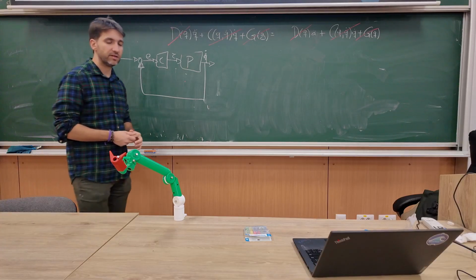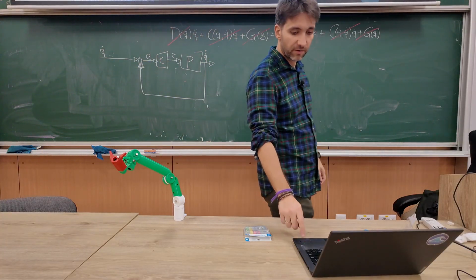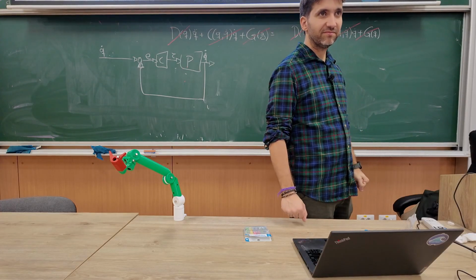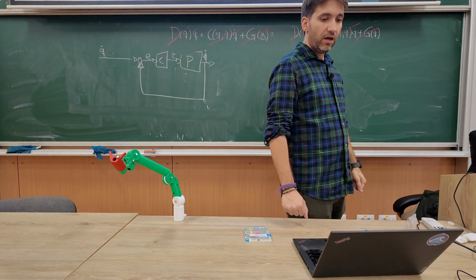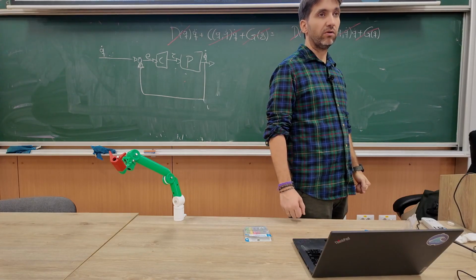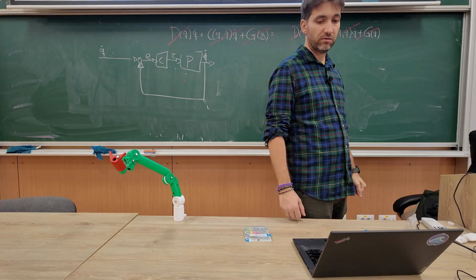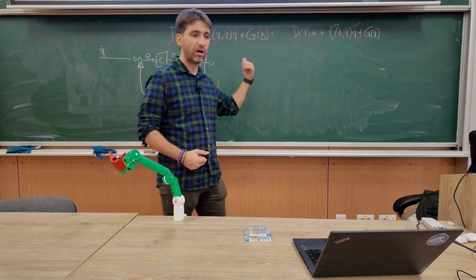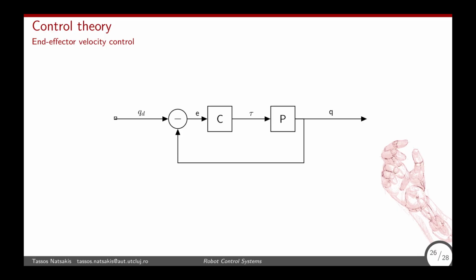So that's as simple. I just put two dots and I'm done in theory. And the same goes for acceleration, right? If I want to control joint accelerations. But typically we want to control the end effector side. So how could I implement end effector velocity? This again starts from joint.